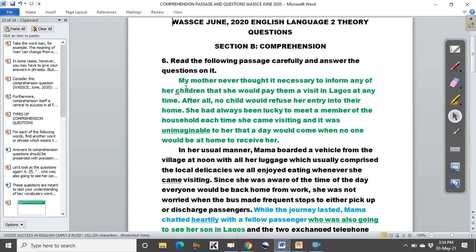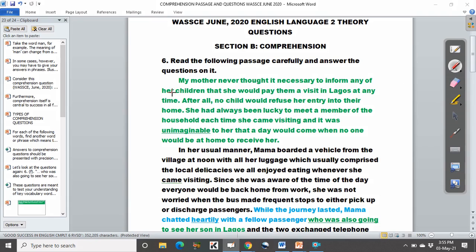You can look at the green here. This is where you find the answer. "My mother never thought it necessary to inform any of her children that she would pay them a visit in Lagos at any time. After all, no child will refuse her entry into their home." So you can see the answer clearly stated here.